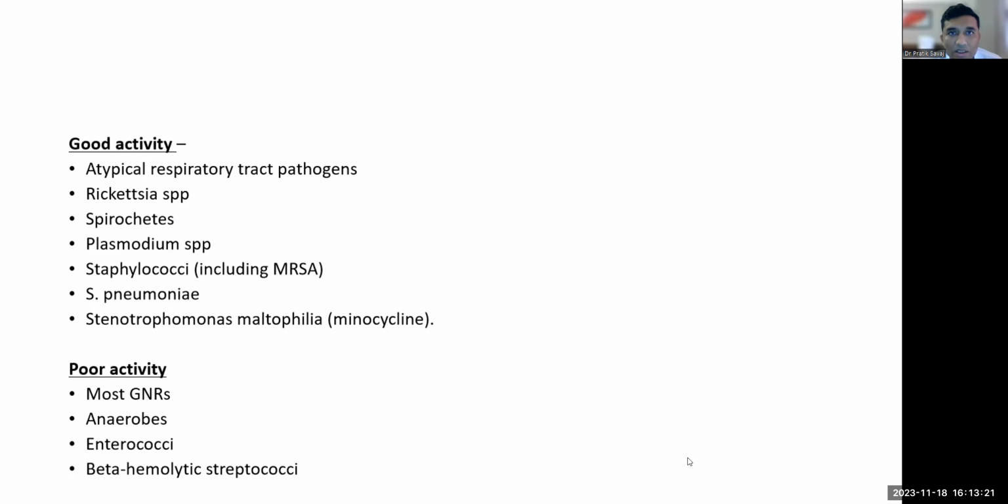Strep pneumoniae, as I said, macrolide resistance is rising. So in CAP treatment, we can consider doxy as empiric therapy along with one beta-lactam antibiotic. Stenotrophomonas maltophilia, but again, mino is better than doxy. Doxy is not good for most gram-negative pathogens, anaerobes, enterococci, and beta-hemolytic streptococcus.